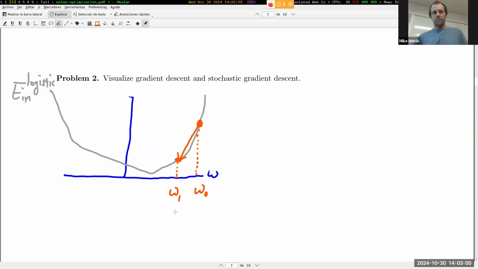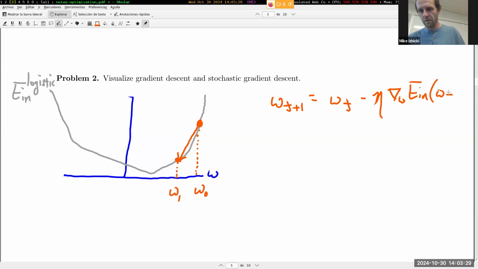In the textbook, mathematically, their equation for gradient descent is W_{t+1} is equal to W_t minus this Greek letter eta times the gradient with respect to W of the in-sample error, E_in of W_t.